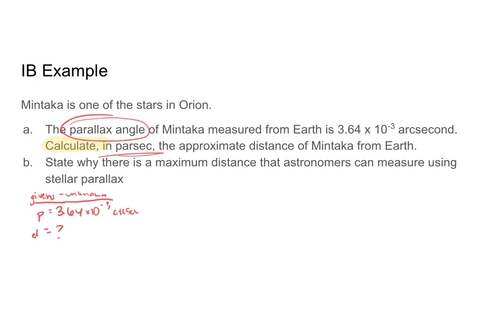Since I'm asked to calculate it in parsecs, I know that when I go from parallax angle to distance, that distance is given in parsecs, so I won't have to do any unit conversions. So, moving on to my equation, I know my equation for distance is 1 over my parallax angle. Thus, my distance is 1 divided by 3.64 times 10 to the negative third arcseconds, or 275 parsecs, PC. And there is my answer for A.